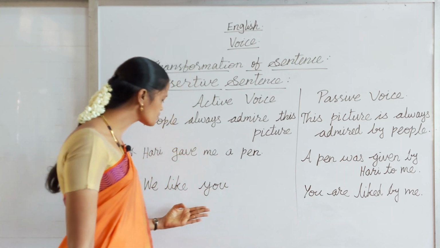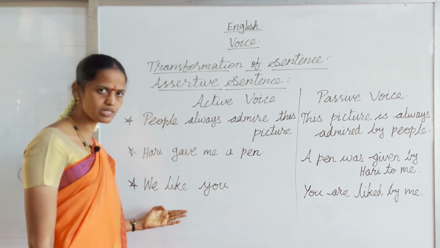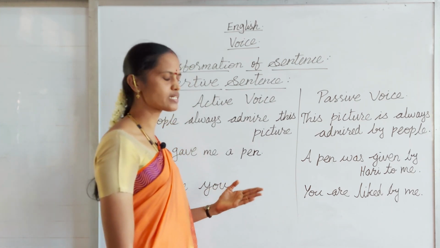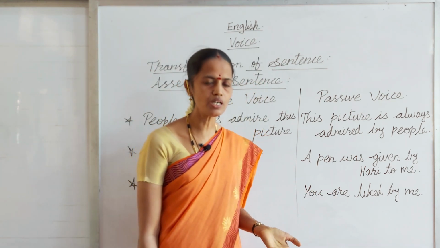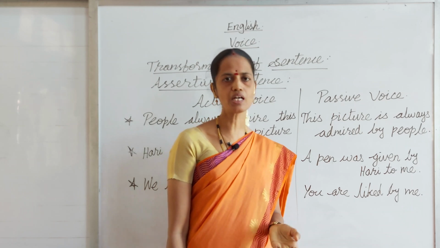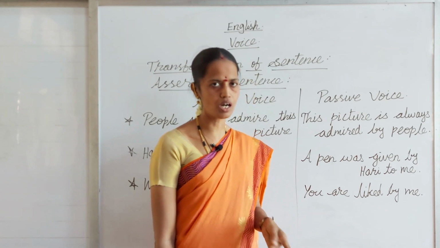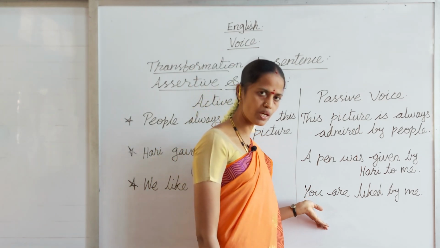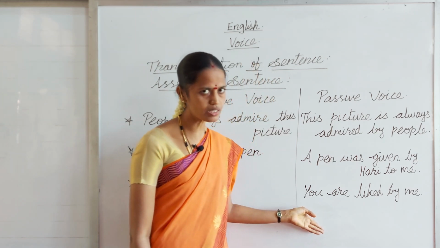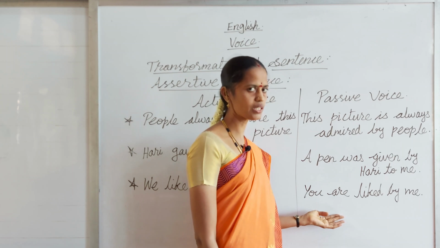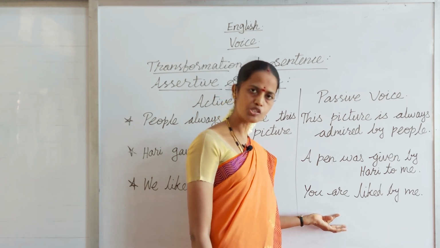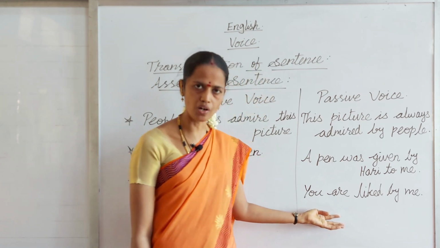Then the verb is given in present form, so we have to introduce the be form of the verb, either "am," "is," or "are." Here "you" is the second person, so we use the verb "are," the primary auxiliary, the be form of the verb.